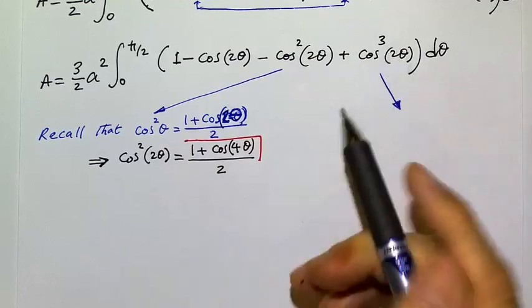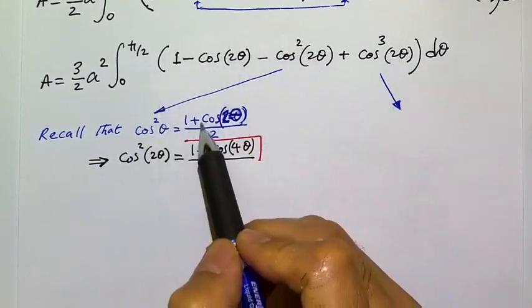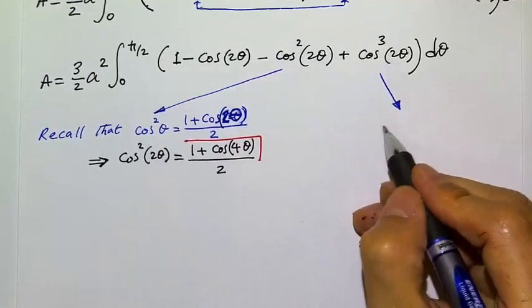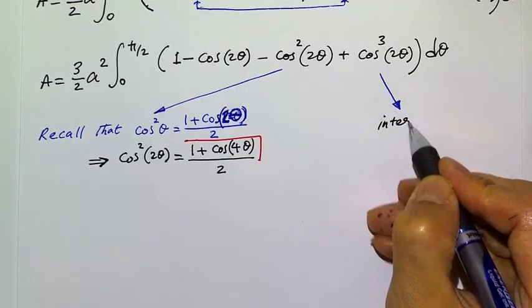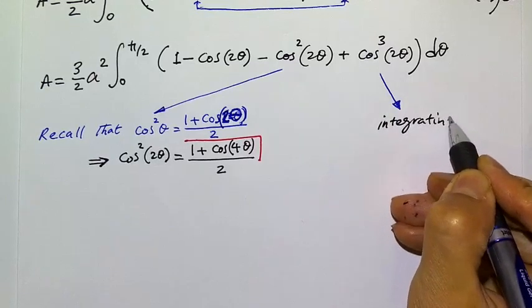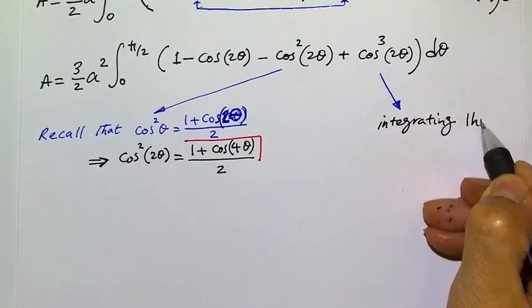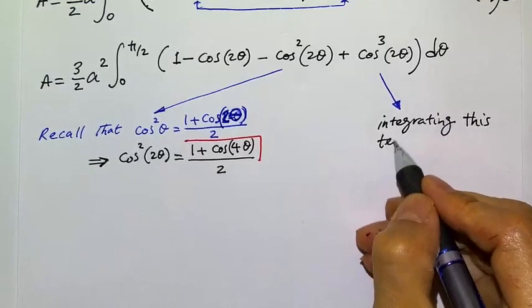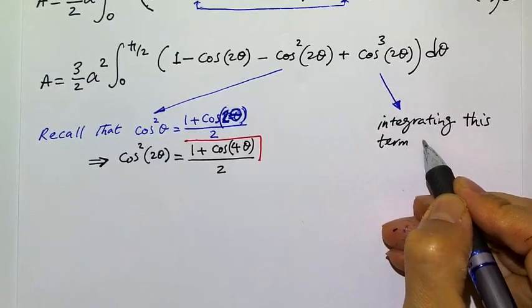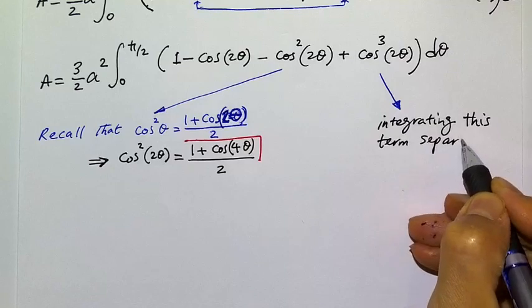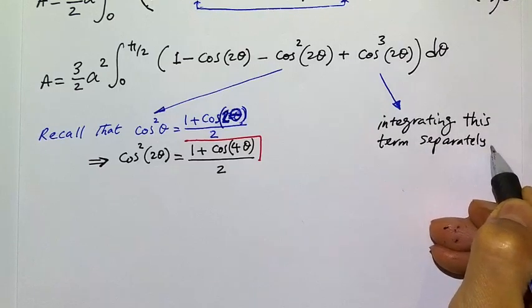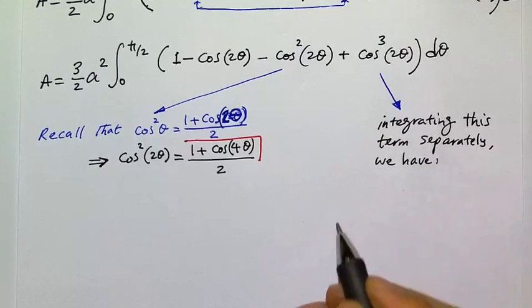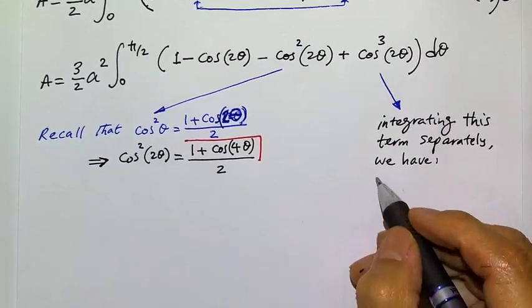Then we're going to put it back in with the rest of these terms because these are much easier to integrate, but not so much this one. So integrating this term separately, so we have this.